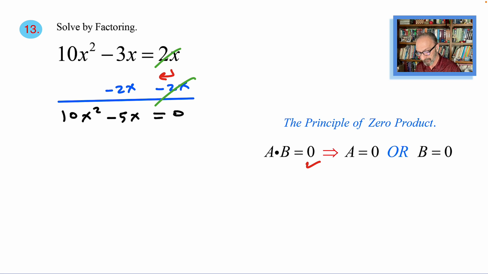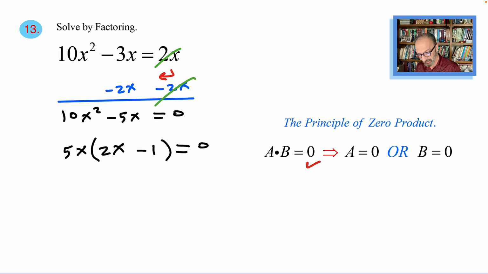Now this factoring technique is different than the one before. We have a common factor, or the greatest common factor, between 10x to the second and minus 5x. I could take 5 and 1x outside from both. 5x times 2x will take me back to 10x to the second, and 5x times -1 will take me back to minus 5x.